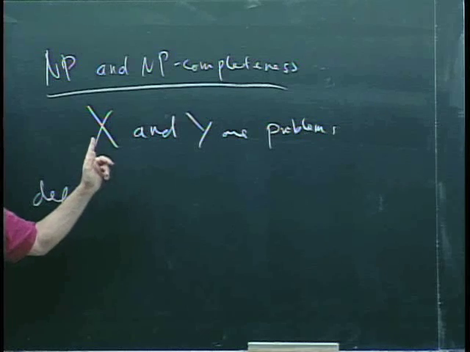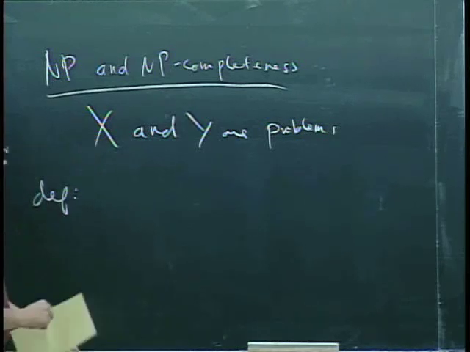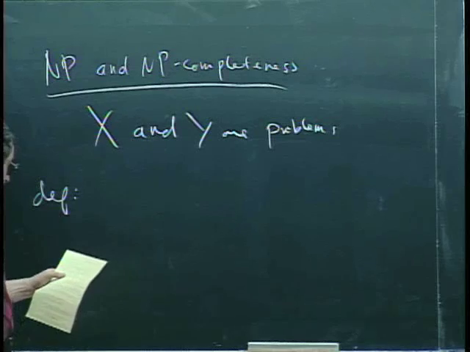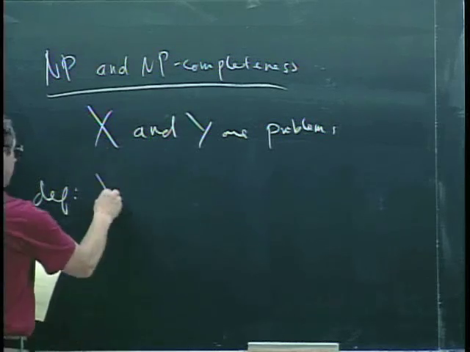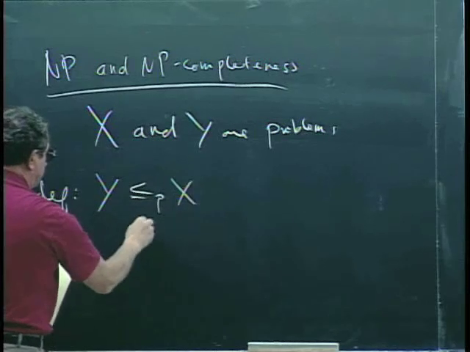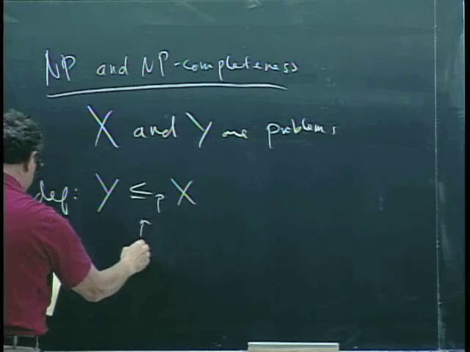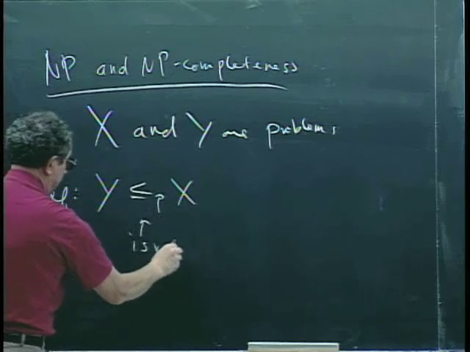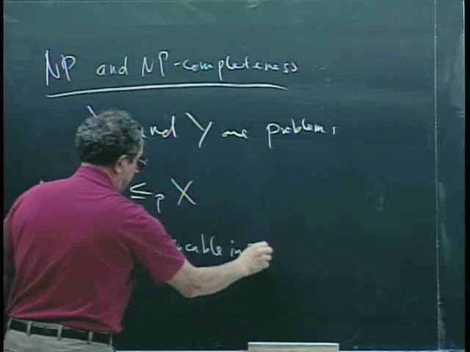This is vertex cover, not just a specific graph where you look at the vertex cover problem, but problem X. We say that Y is reducible to X. So this little symbol here expands to is reducible in polynomial time.